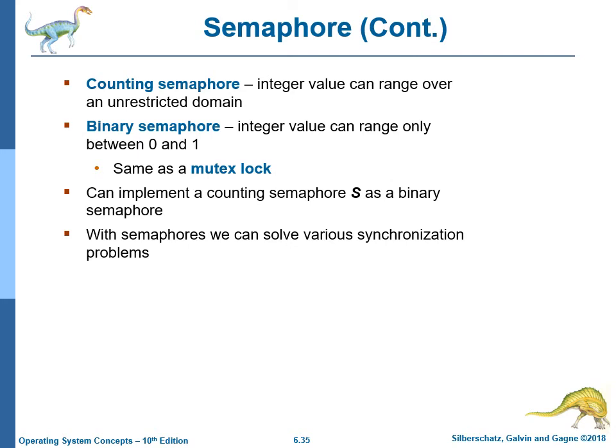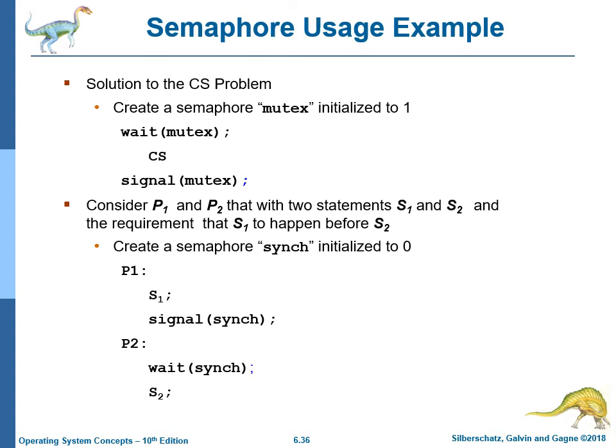Okay, so we can use the semaphore to solve various synchronization problems. For example, when we have two concurrently running processes, P1 with the statement S1, and P2 with the statement S2. Suppose we require S2 to be executed only after S1 has completed.